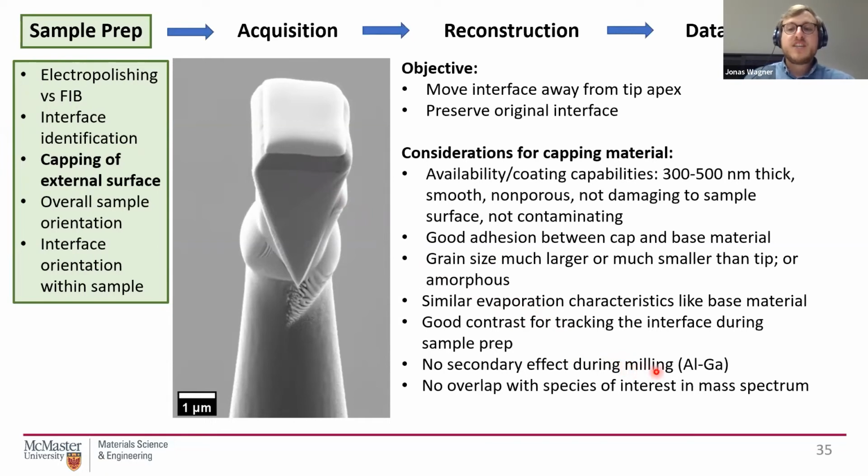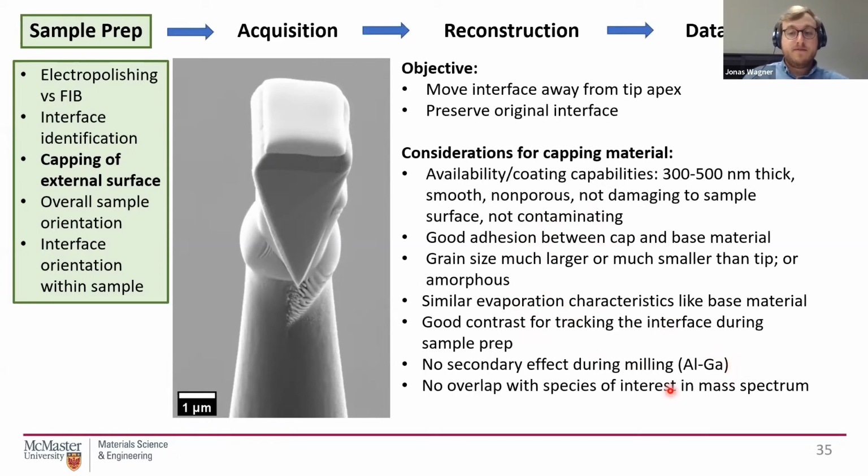For example, using aluminum as a capping material might be good in all those other aspects, but if using a gallium FIB, it might still not work, because gallium is very drawn to aluminum grain boundaries. It will penetrate the aluminum grain boundaries. It will be present, change the chemistry, also embrittling them, so it might lead to premature fracture.